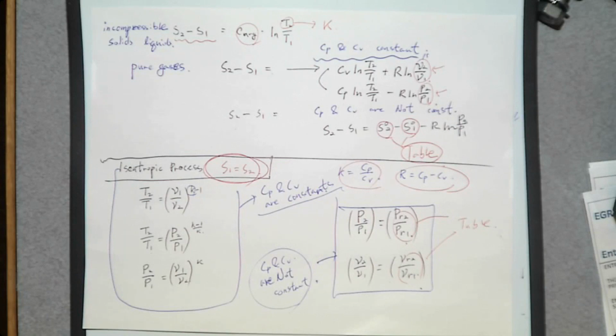Cp is the specific heat at constant pressure, and Cv is the specific heat at constant volume. You can find these values from a table. We have a practice problem later, so you can see how we can evaluate them. This R is the gas constant that you remember from the ideal gas equation that we reviewed.